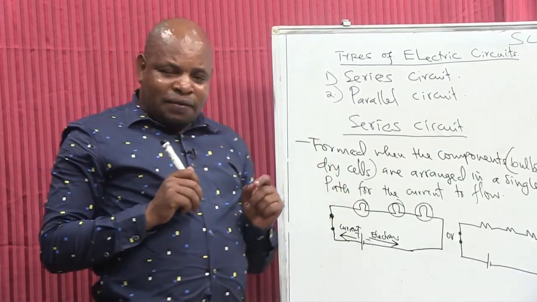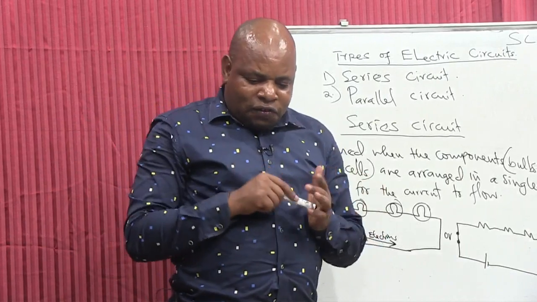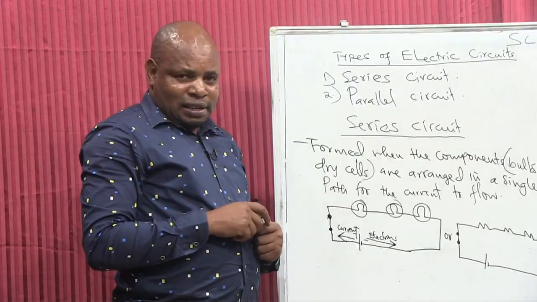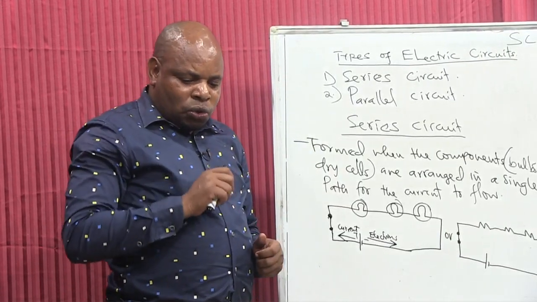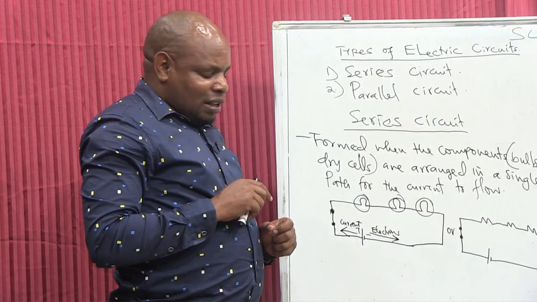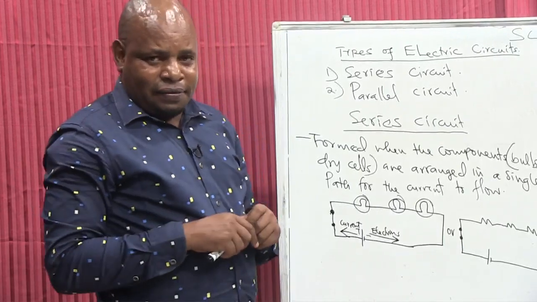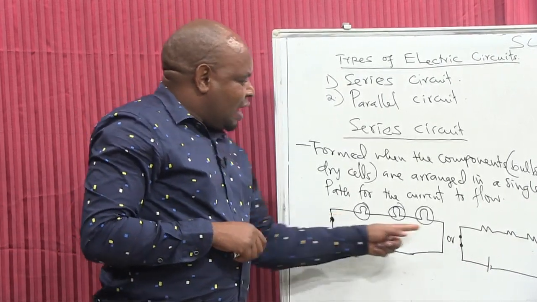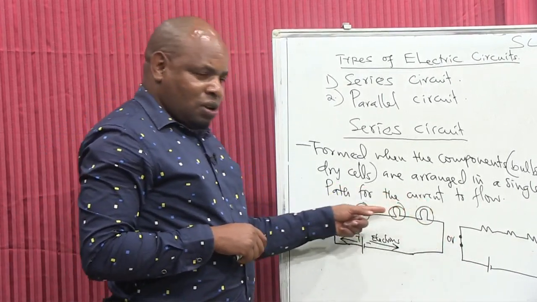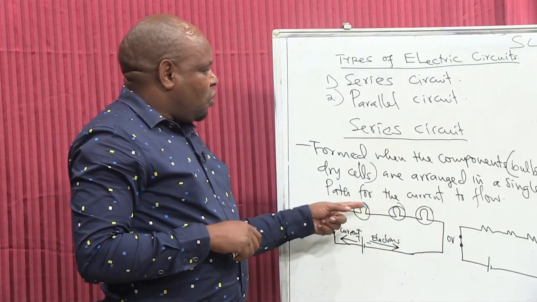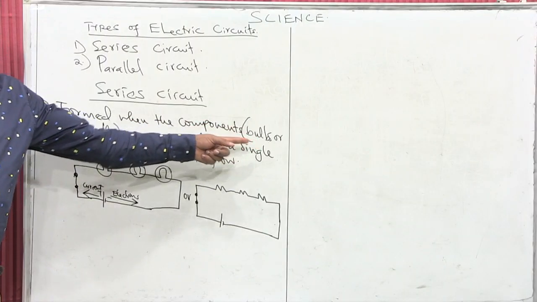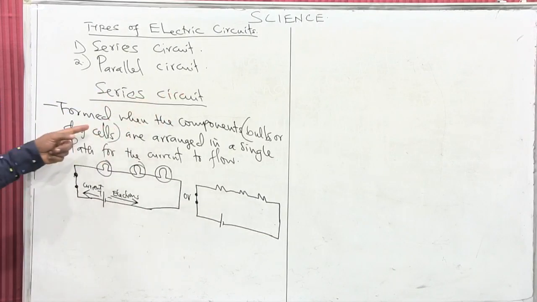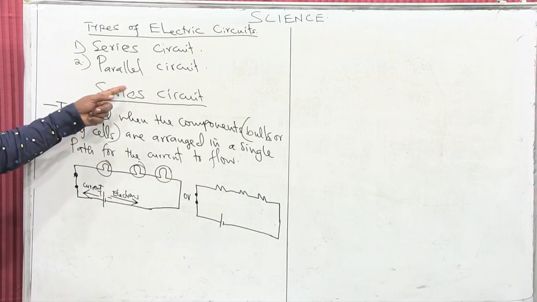That's why we say the flow of current in a series circuit takes place through each component one after another. So the two diagrams here show you the arrangement of bulbs in series form. But we can have arrangement of dry cells in series.